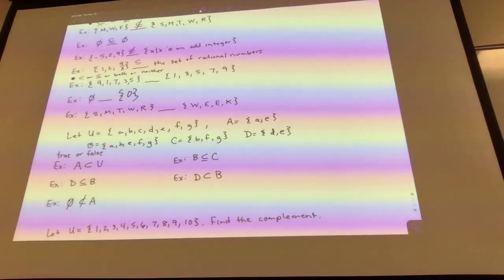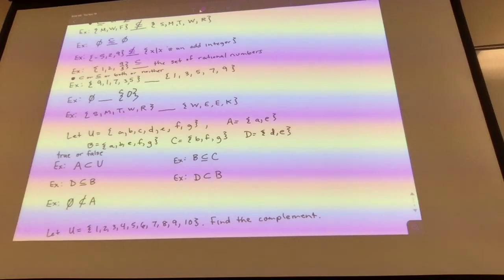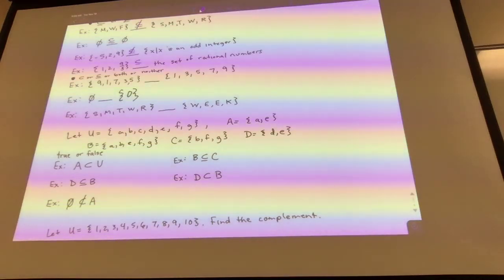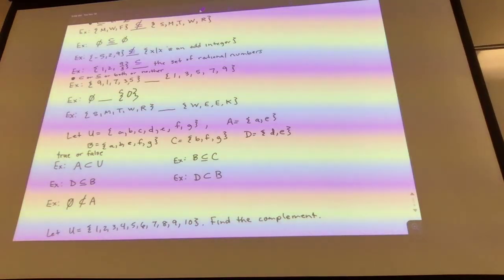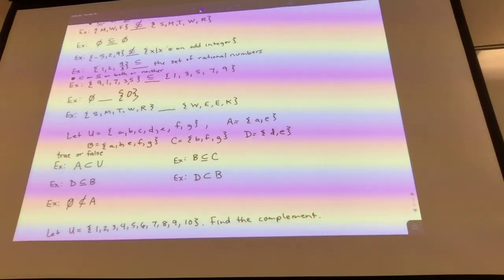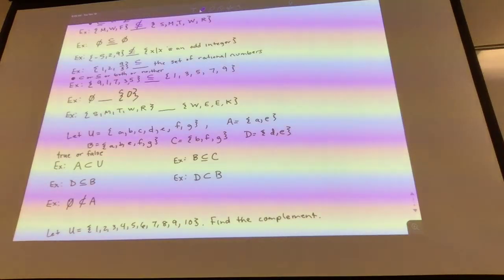So we have 9, 1, 7, 3, 5. We look over to the other side: 9's there, 1 is there, 7 is there, 3 is there, 5 is there. They're all there. So it's a subset, and it has the equal to bar because they're equal.